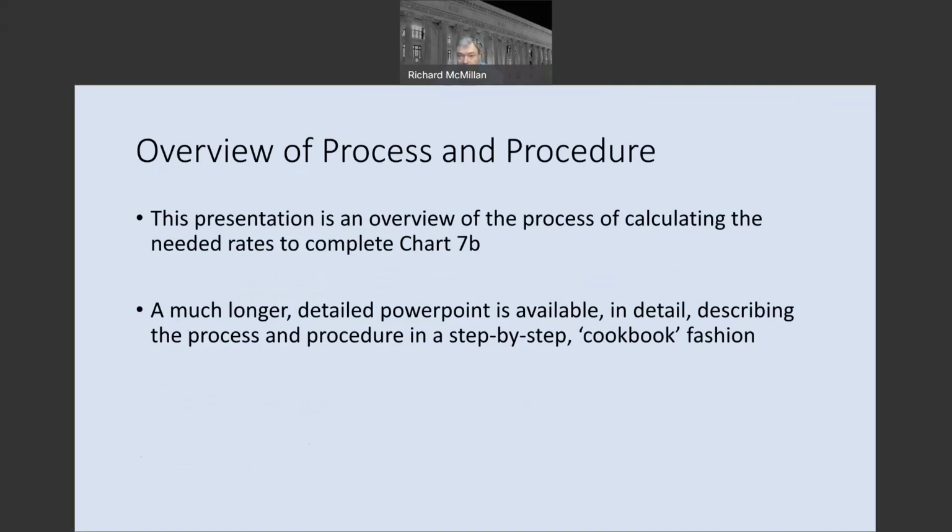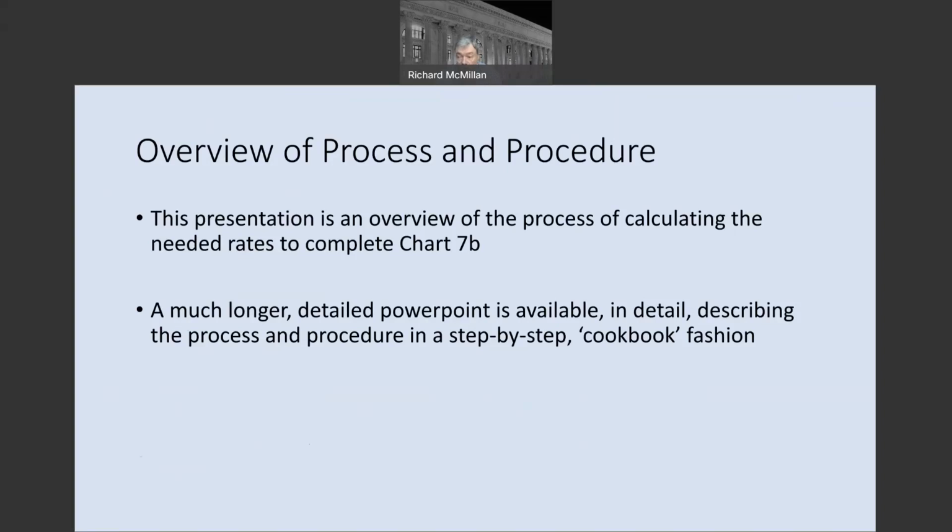Overview of process and procedure. This presentation is an overview of the process of calculating the needed rates to complete Chart 7b. Now, a much longer, detailed PowerPoint that I've created is available, and this describes the process and procedure in detail, in a step-by-step cookbook fashion.